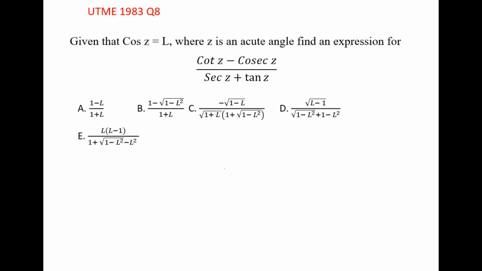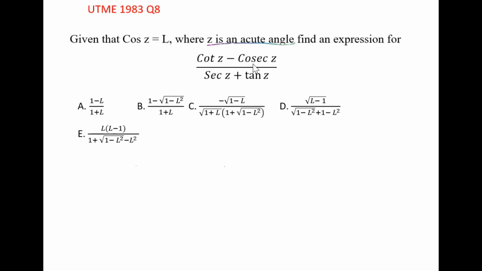Before we start solving this question, we have to know that we are given a condition. The condition says z is an acute angle, and the numerator and denominator are trigonometric functions. Therefore, it will be nice for us to know the types of angle and some of the trig ratios.